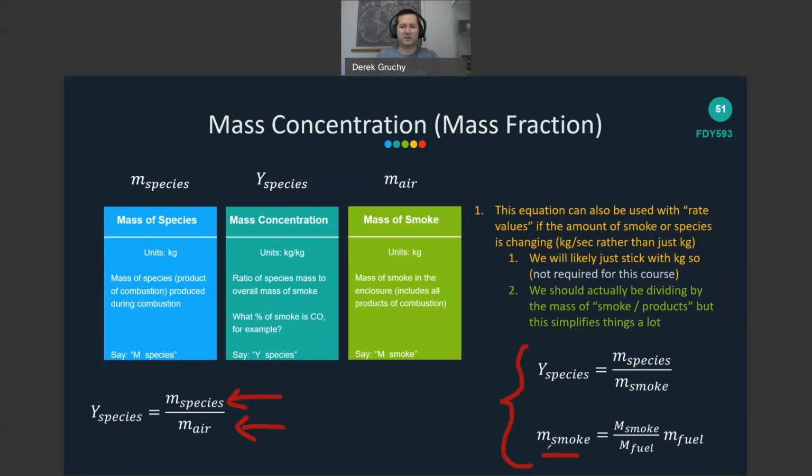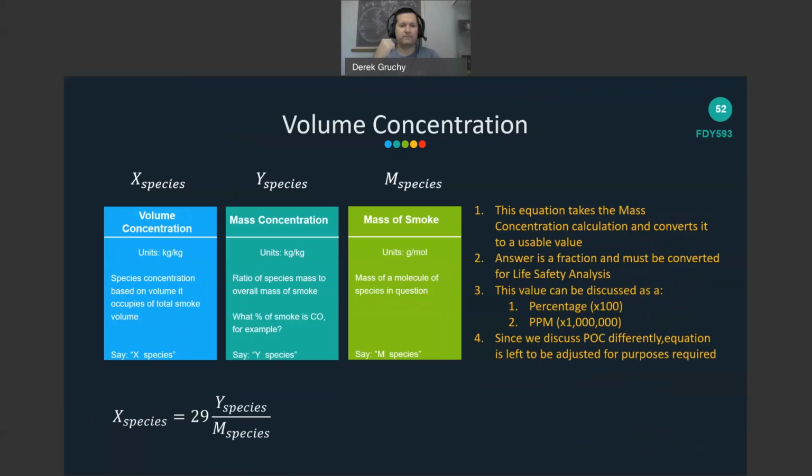So it should be the mass of smoke rather than the mass of air. But we're going to look at this example and you'll see it's pretty much the same. It's a pretty accurate simplification just to calculate the mass of air in the room. But we take the mass of the carbon dioxide, divide it by the mass of air, and that will give us the mass concentration. And then that's not the exact concentration we want. We actually want the volume concentration.